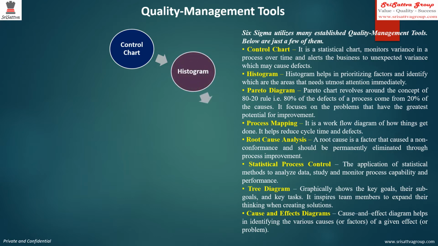A histogram helps in prioritizing factors and identifying the areas that need utmost attention immediately. Pareto diagram. A Pareto chart revolves around the concept of the 80-20 rule, i.e. 80% of the defects of a process come from 20% of the causes. It focuses on the problems that have the greatest potential for improvement.